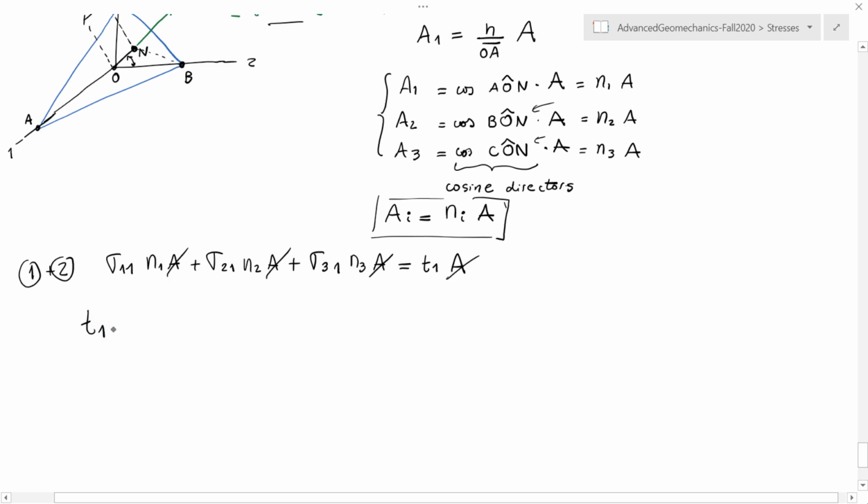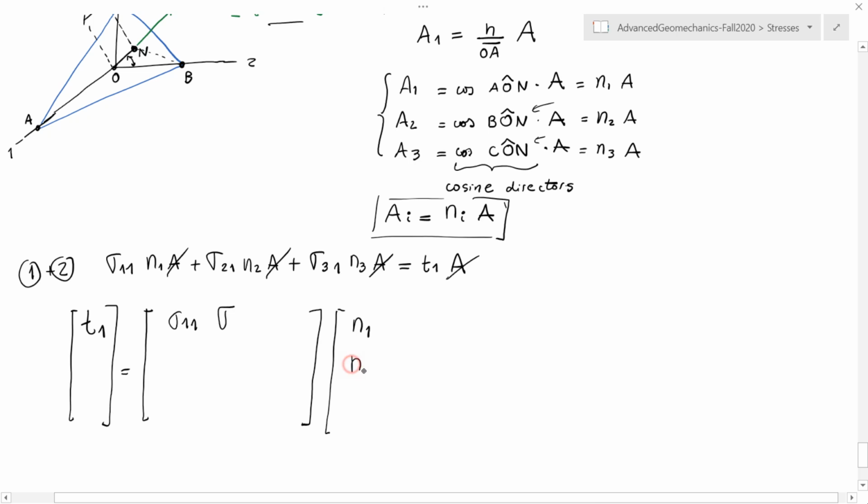T1 is going to be equal to sigma 1,1, and let me go ahead and write this in matrix notation. T1 is going to be equal to sigma 1,1 times n1 plus sigma 1,2 times n2.